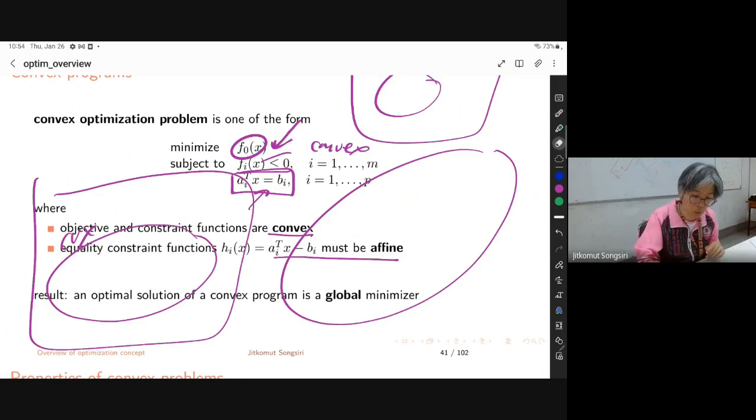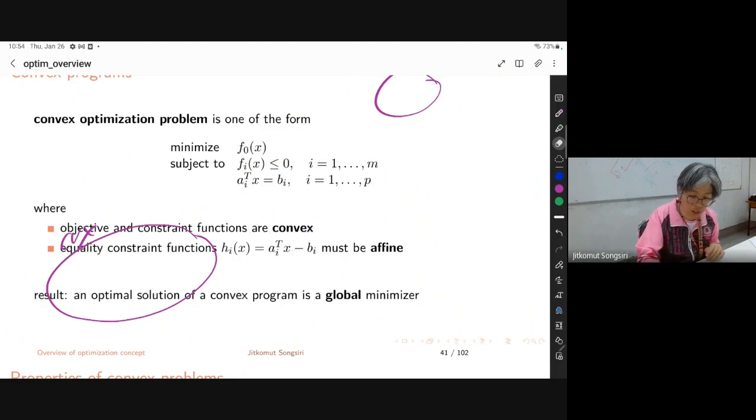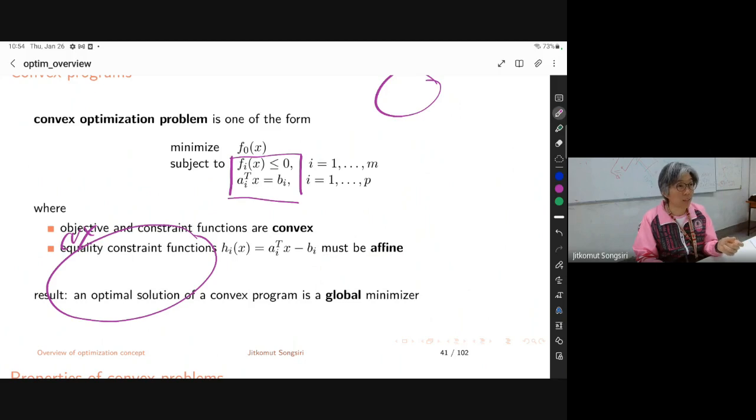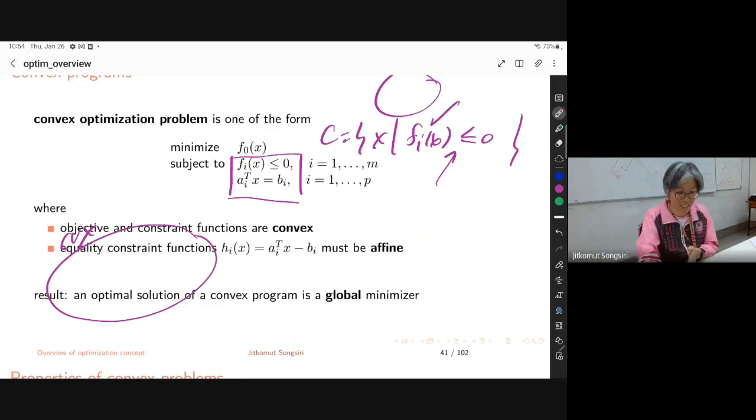Now pay attention to the constraints. We previously learned that an fi function is a convex function, right? And we also learned that the set C described by inequalities associated with convex functions is convex, right?